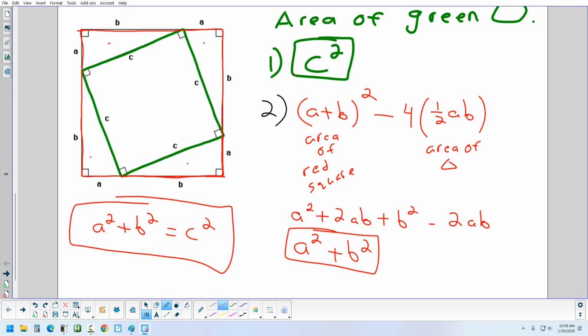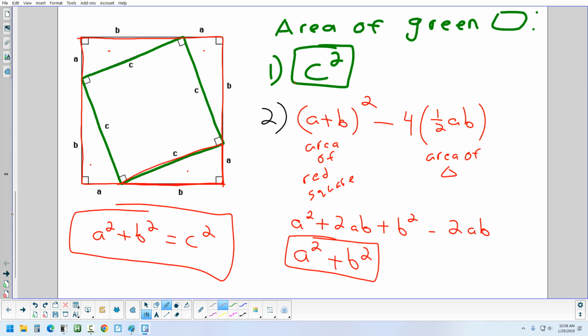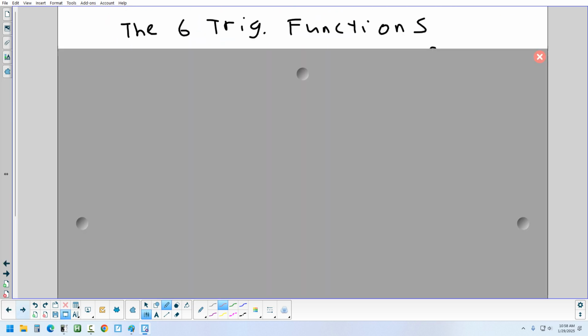A has to be a leg, B has to be a leg, and C has to be the hypotenuse in your triangle that you're working with. Any questions on that? Okay, so now we know why A squared plus B squared equals C squared.